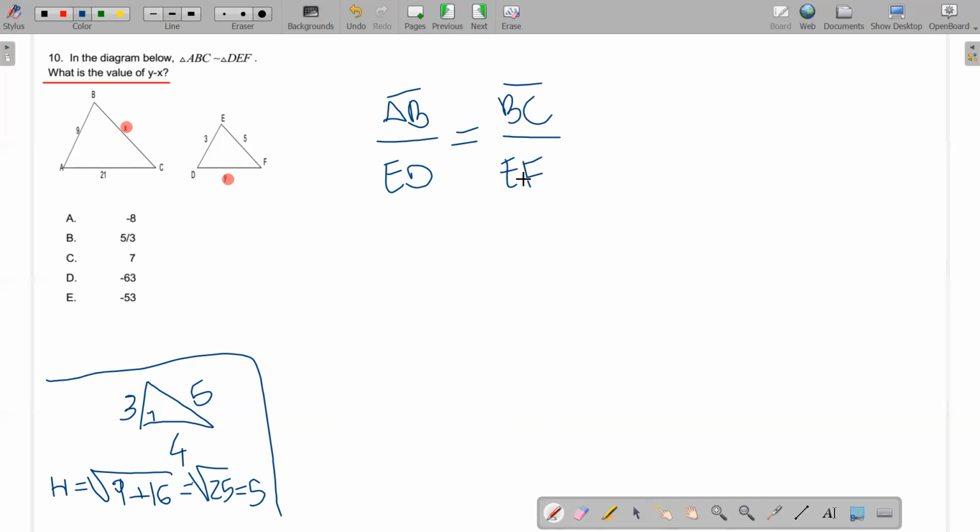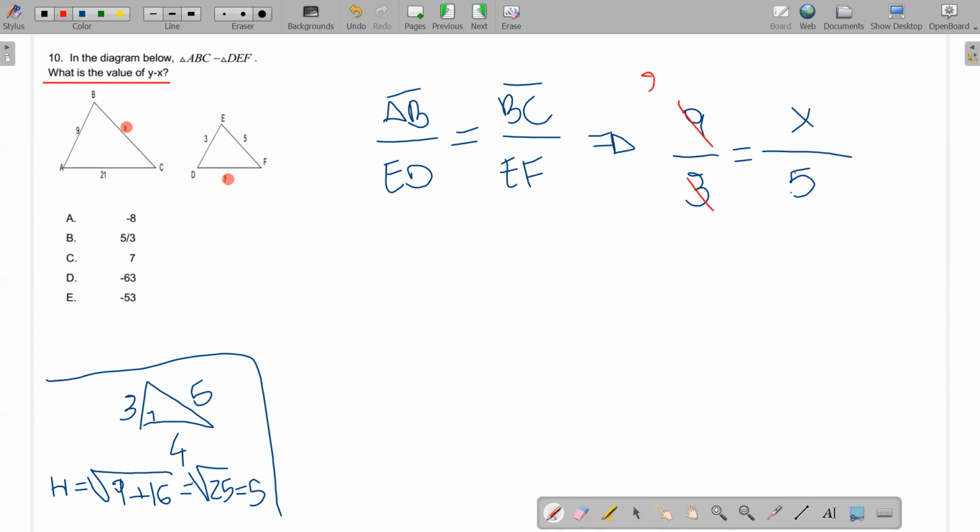Isn't it true? It is. This one can be rewritten with the actual values. We know that AB is equal to 9, and we know that ED is equal to 3. This one must be equal to BC, which is the value that we are looking for, over EF, which is 5. That means that if I do cross multiplication, besides, I don't need to do cross multiplication.